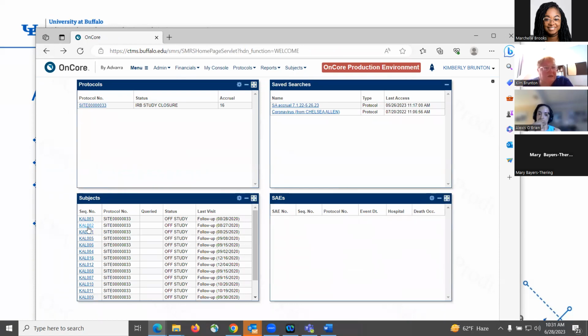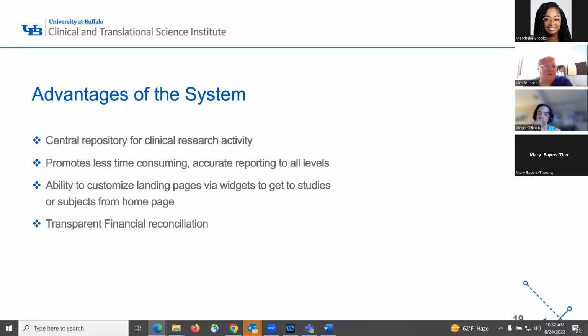It saves a lot of time if you take the time to set up your home screen appropriately. It will make navigating things a lot quicker and easier.